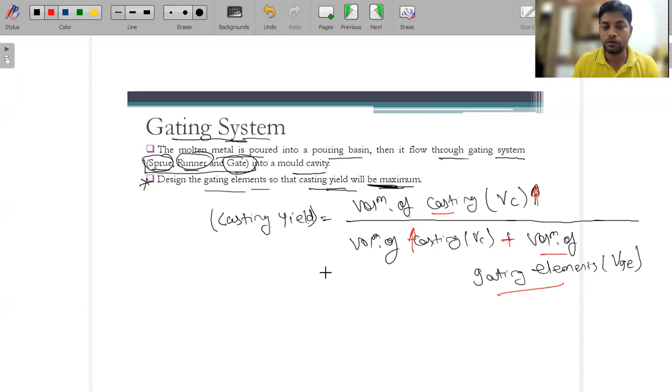This is the total in the denominator: VC upon VC plus VGE. This is the casting yield, this is CY.